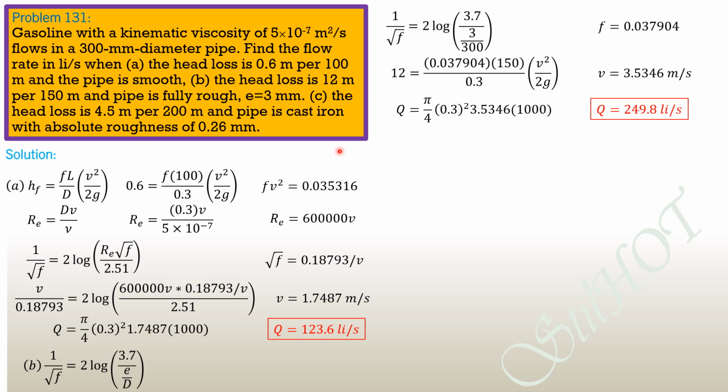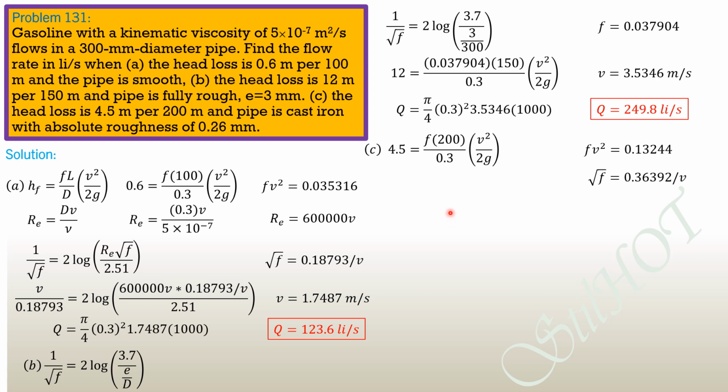So we use the head loss 4.5, friction factor, length 200 over diameter 0.3 times velocity head. So we can set up FV squared, which is equal to 0.13244. So square root of F is square root of 0.13244 over V, which is 0.36392 over V.